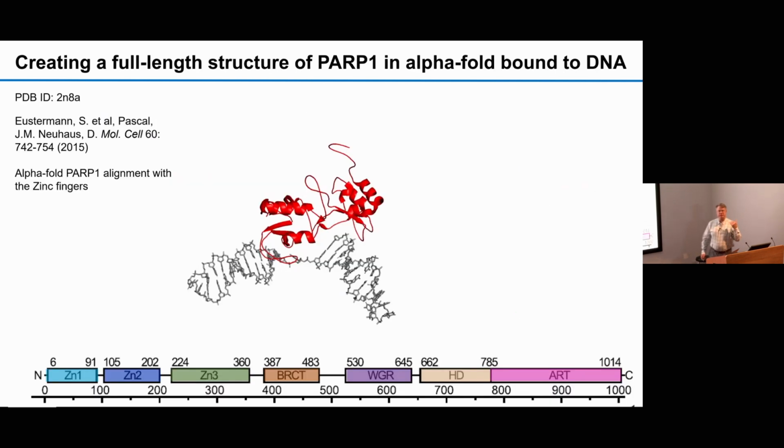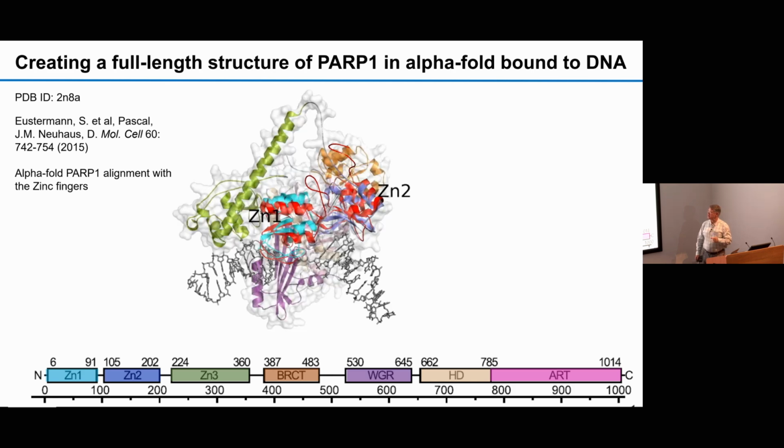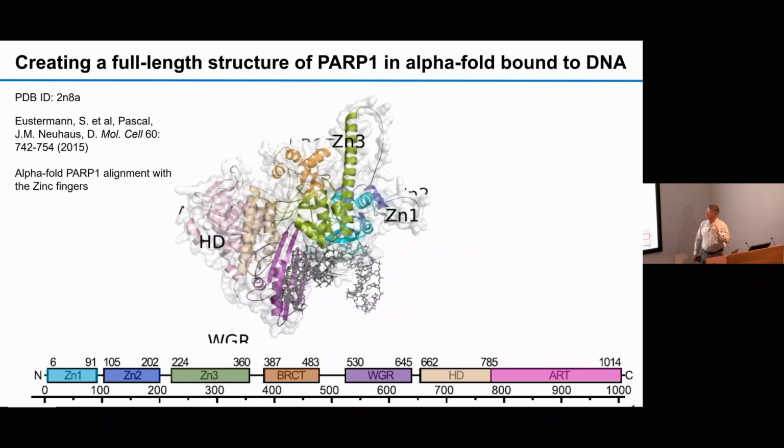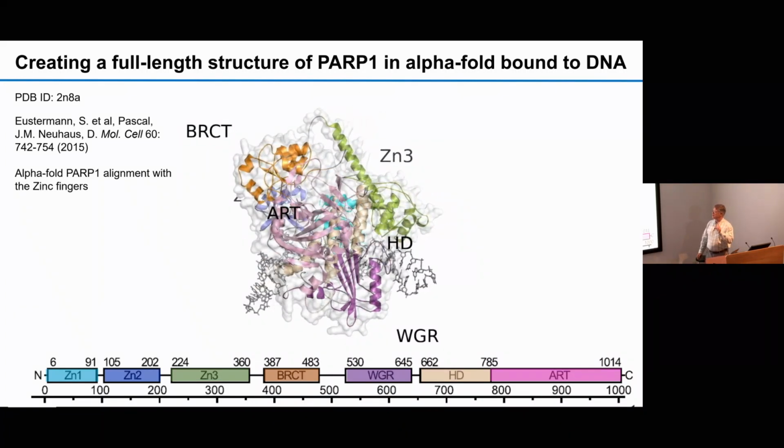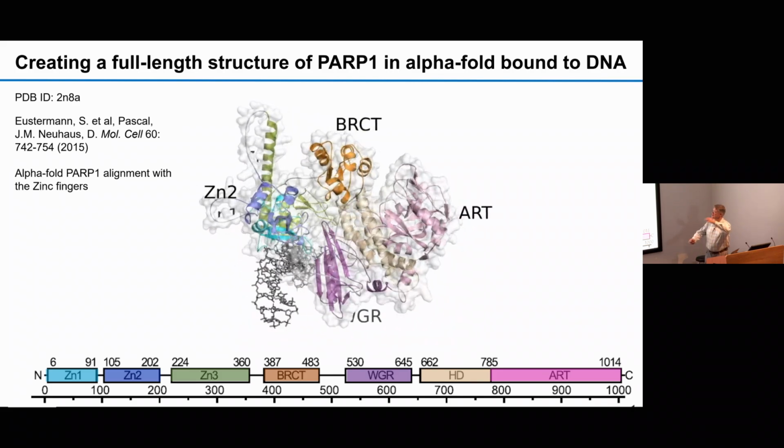We wanted to then do structure and function, and so we used AlphaFold to superimpose on a NMR structure of the 2 first zinc fingers that bind to nicks, and Matt generated this model. And it actually really looks good interacting with the DNA. You can see the zinc fingers and the WGR domain kind of wedge the DNA.